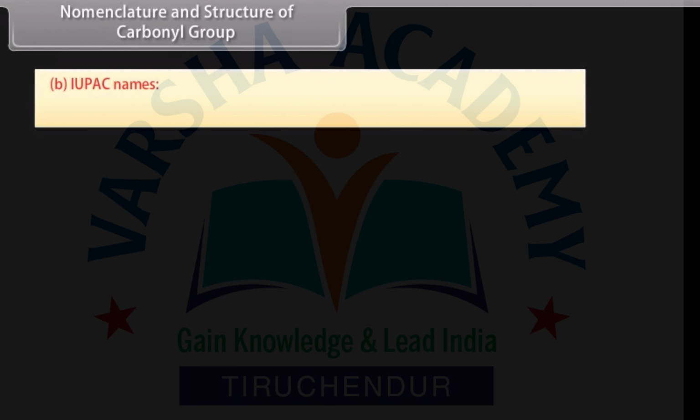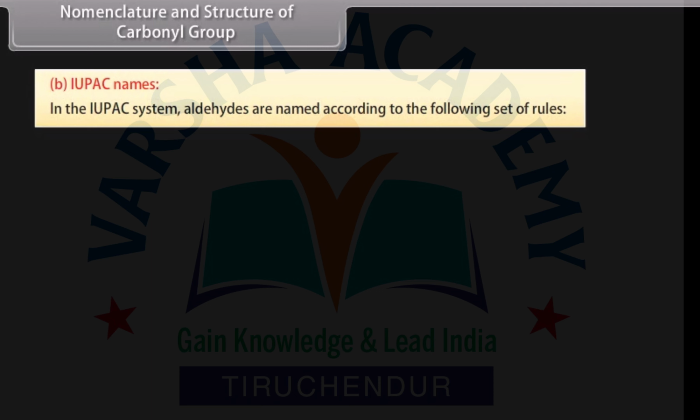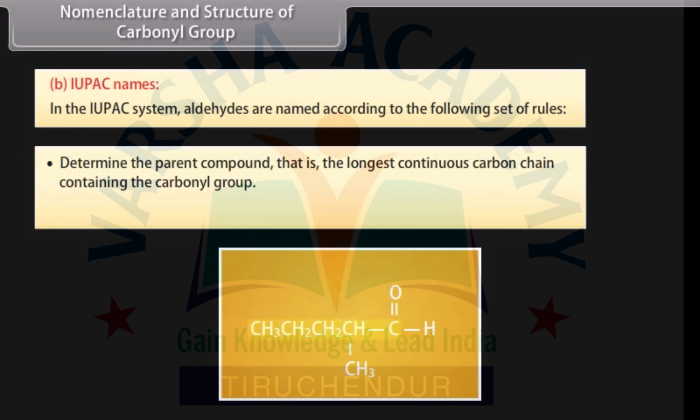IUPAC names. In the IUPAC system, aldehydes are named according to the following set of rules. Determine the parent compound, that is, the longest continuous carbon chain containing the carbonyl group. Replace the final E of the parent alkane with AL.